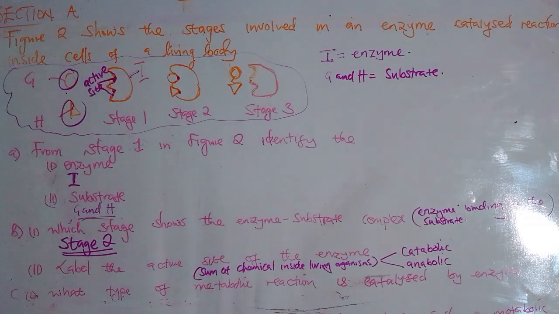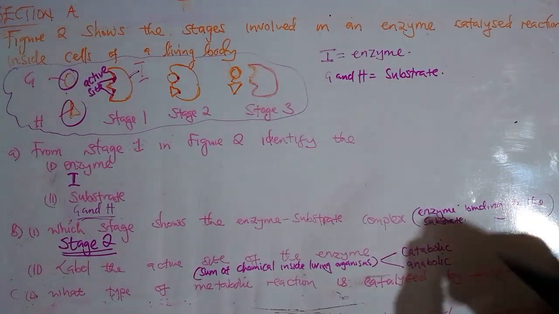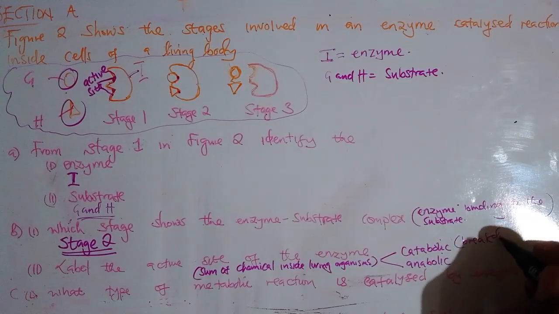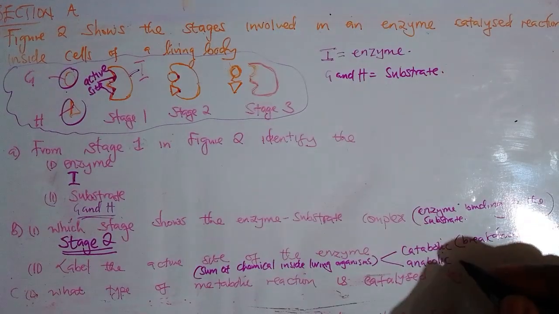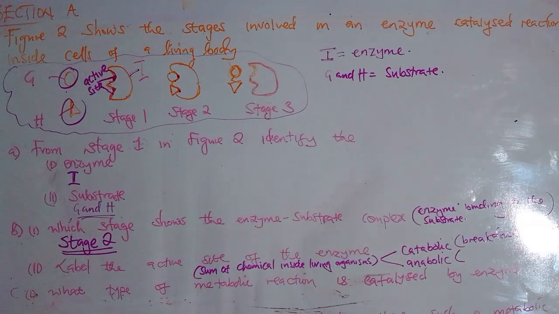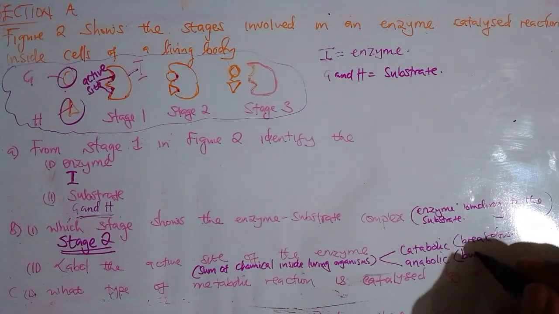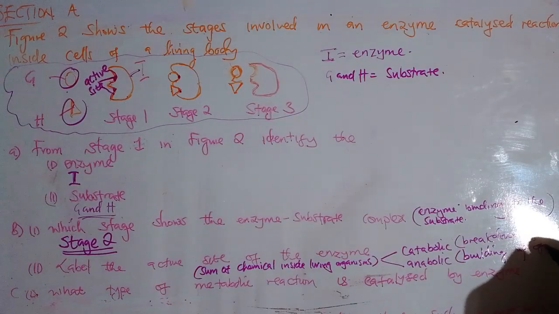I told you that whenever we are talking about catabolic, from the word cat, it means breakdown of molecules. Then when we talk about ana, it means building. So this is the building up of molecules.